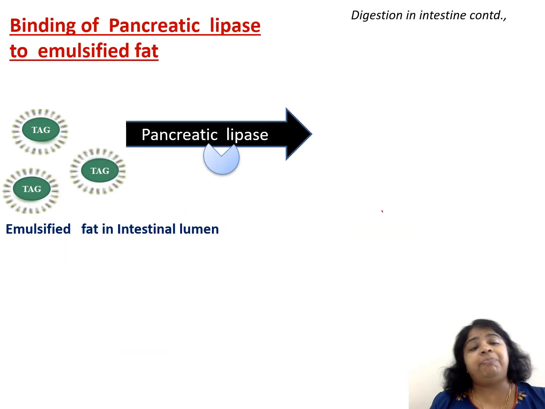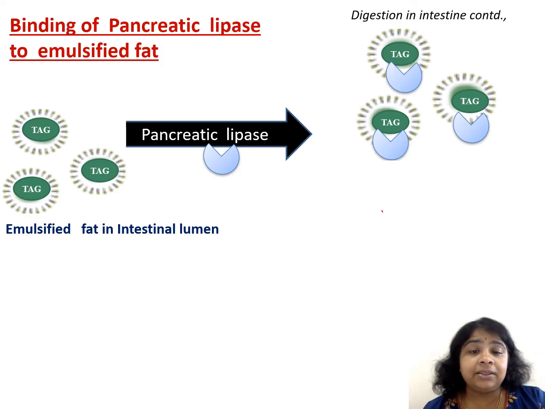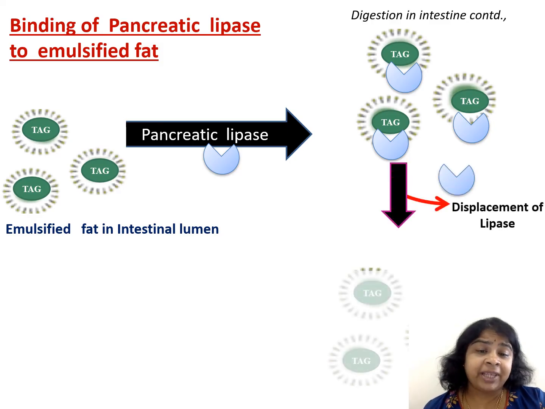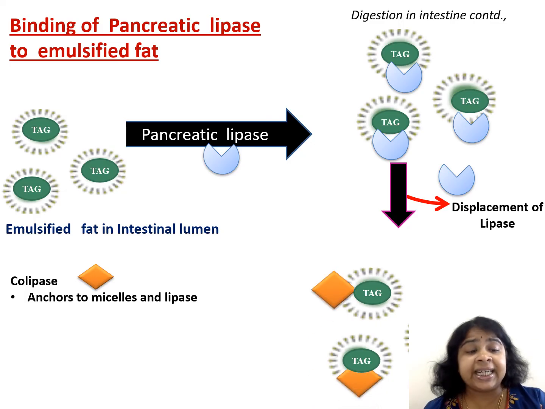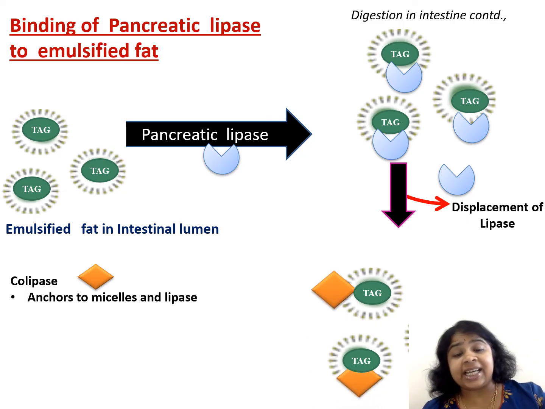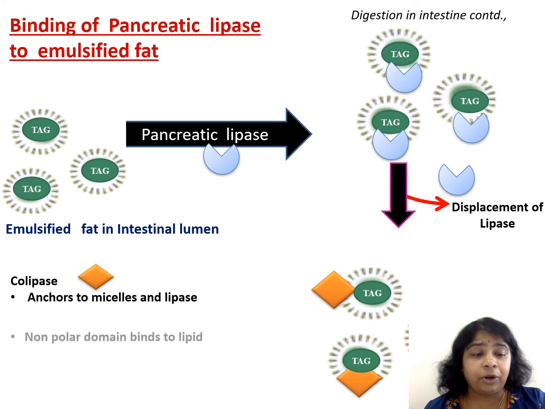If pancreatic lipase by itself tries to bind to these micelles, it is not able to anchor onto them. That is where co-lipase comes in, which first anchors onto micelles and helps binding of lipase and action of lipase.